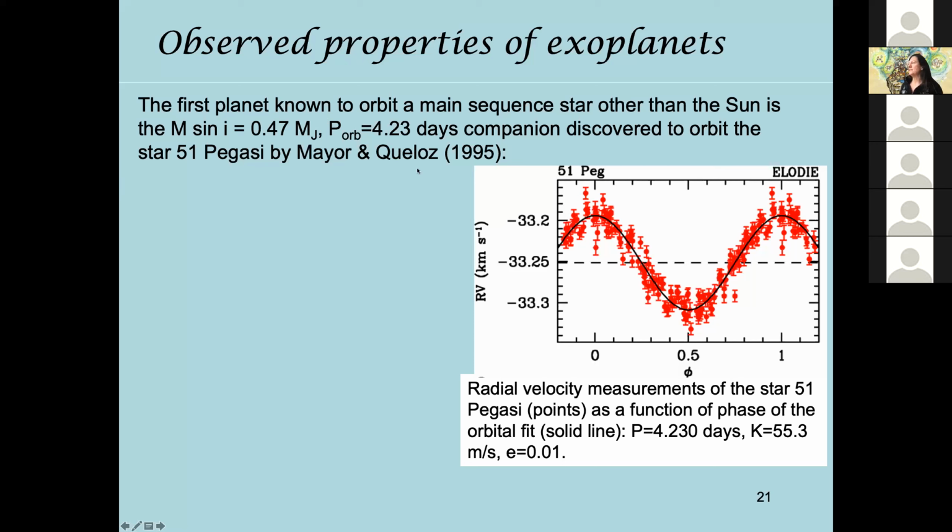So this is actually the first time that a planet was observed orbiting a main sequence star, like our sun. This was done in 1995, and it was a 0.47 Jupiter mass, but you see here there's the sin i, where i is the inclination of the orbit that is not known, orbiting with the period of 4.23 days.